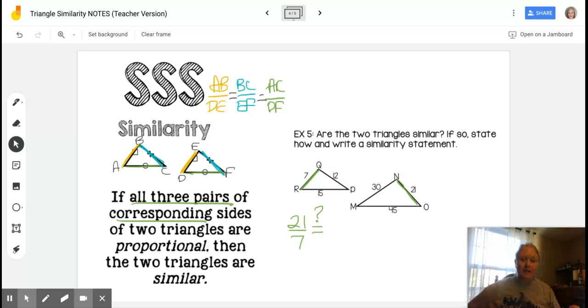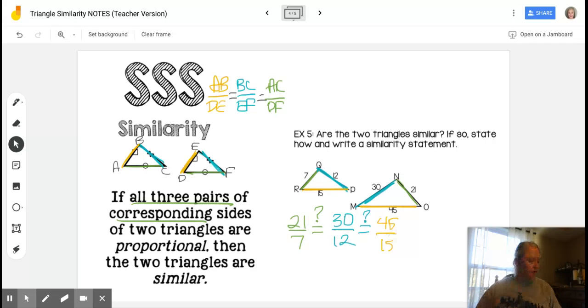So the medium number would be the 30 and the 12. Okay, so I'm going to say 30 divided by 12. And I want to know if this is equal to the last one, the 45, the largest side, over the 15. So 45 over the 15.